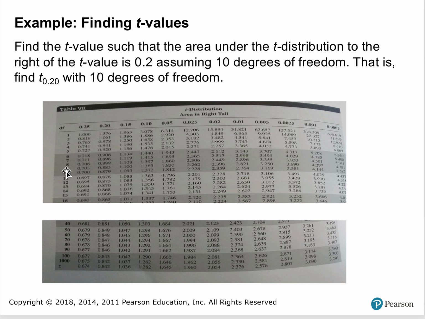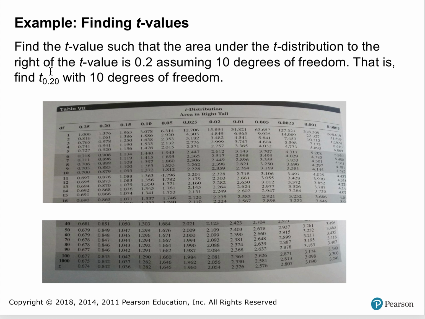So this far left column, labeled DF, that stands for degrees of freedom, right? And it's already in n minus 1 format. And then the top row across here represents the area under the t distribution to the right of some t values.